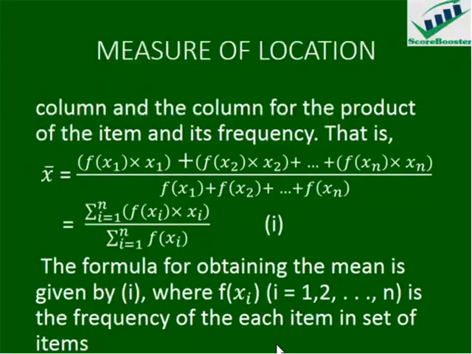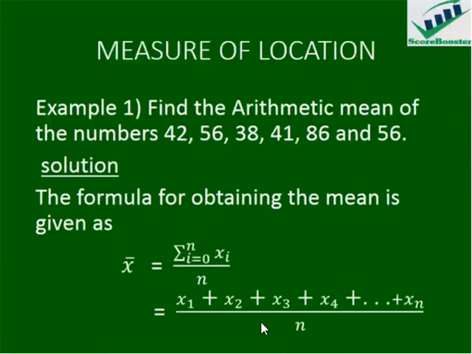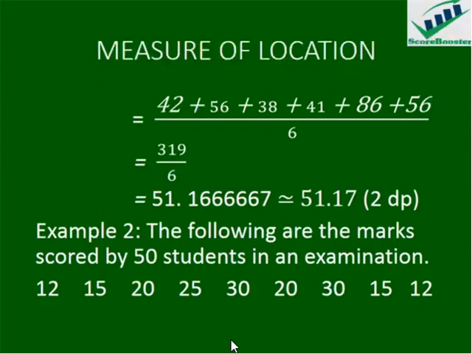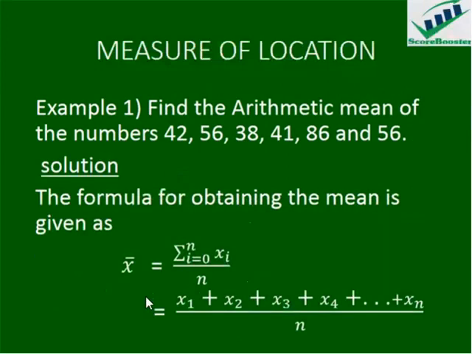So now we solve examples. The first example says we should find the arithmetic mean of these numbers. It's not much, so we can use the first formula. So the formula for obtaining the mean is this, and since we have 6 numbers, if we expand this as I've explained earlier, we have x1 plus x2 plus x3 plus x4 up to xn, but here we can see that our n is 6, so we just have x1 plus x2 plus x3 plus x4 plus x5 plus x6.